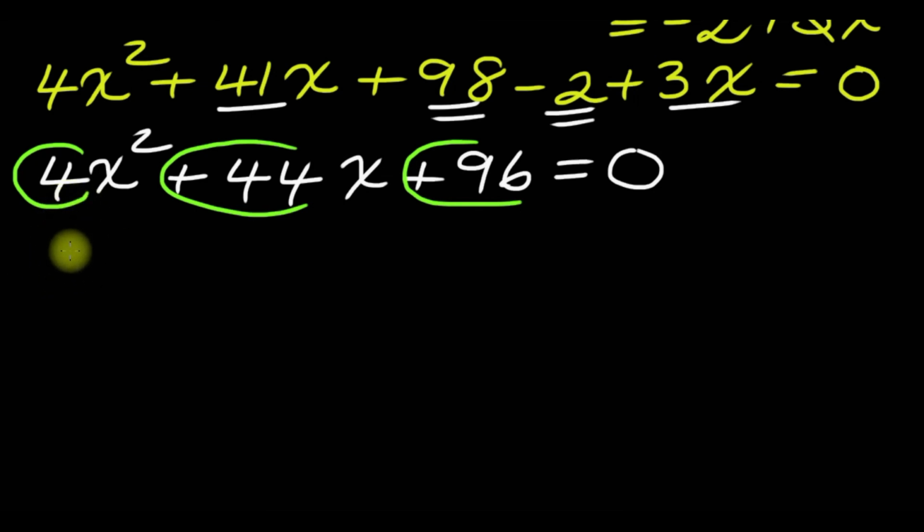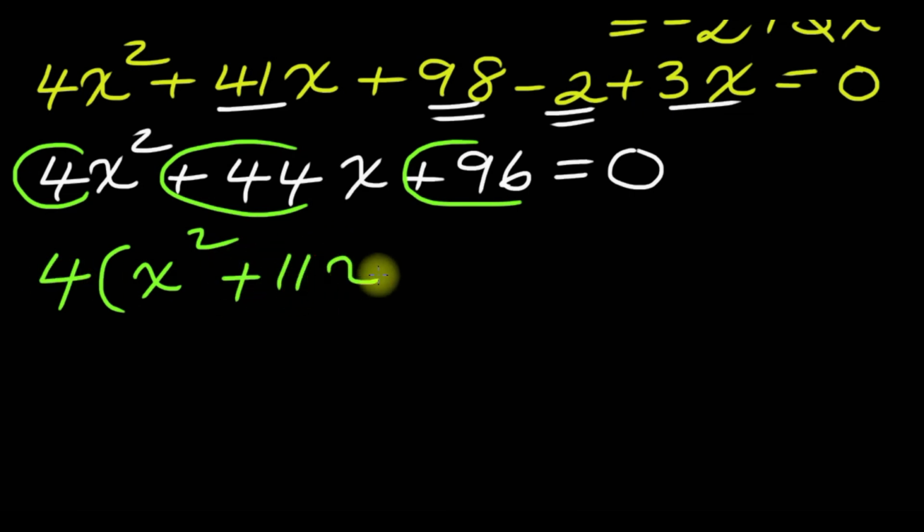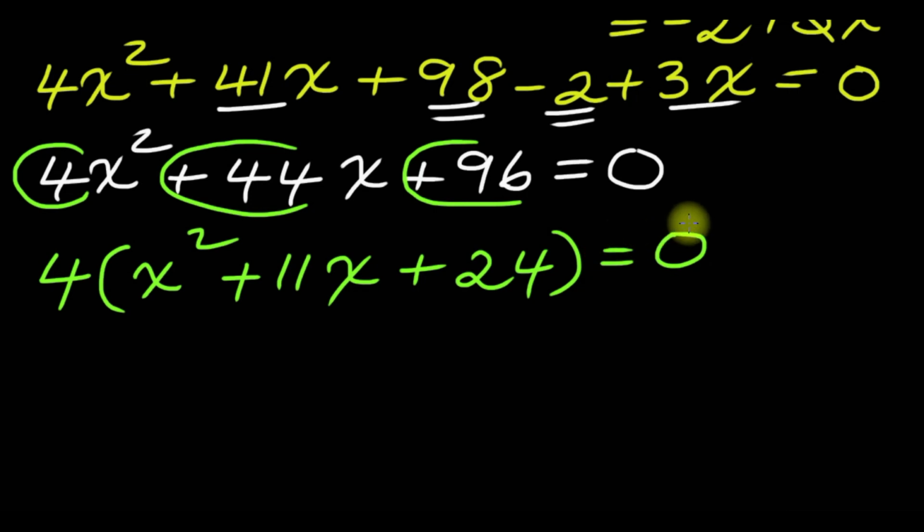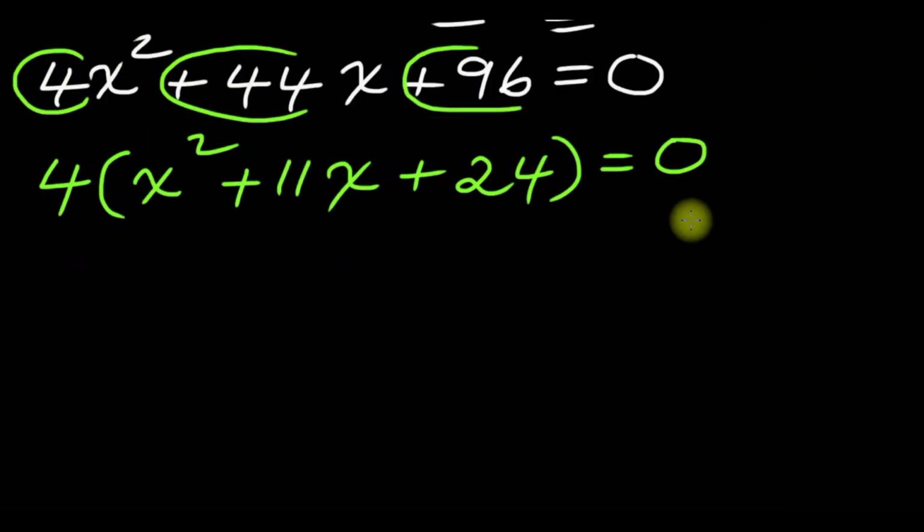If I pull a 4 out, I'm left with x squared here, and 4 goes into 44 11 times, and 4 goes into 96 24 times. So those are your two factors for now.